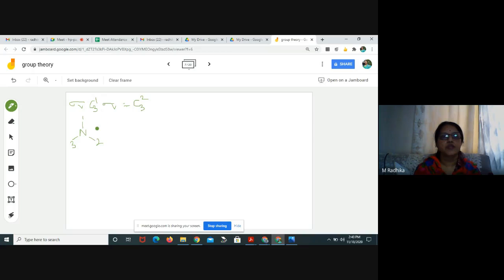Okay, so I will do the sigma v operation. When I do the sigma v operation, let me take the plane along the first nitrogen. So let me say the plane is like this. Okay. Then these two will be reflected.